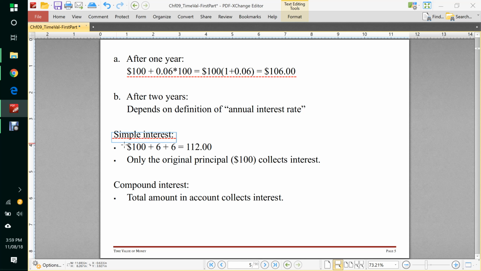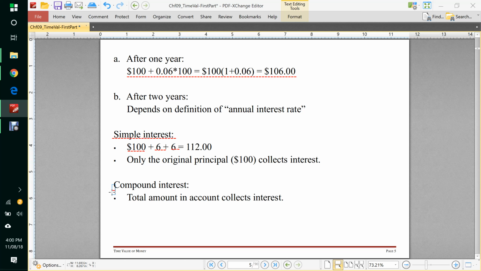In a simple interest contract, the contract would read something like, you put in an amount of money, say $100, and we, the borrower, will, every year you keep that $100 with us, give you 6% on that original $100. So after 2 years, you would have accumulated $6 plus $6, or $112.